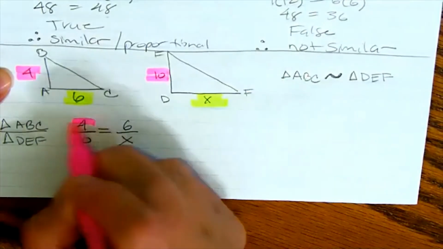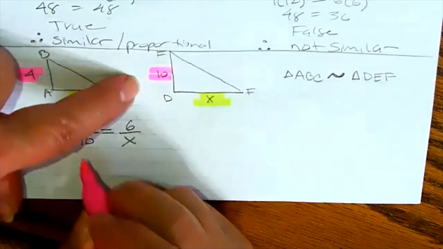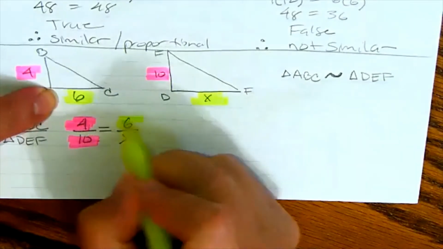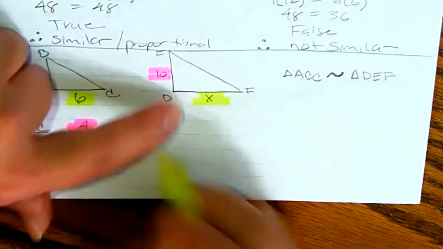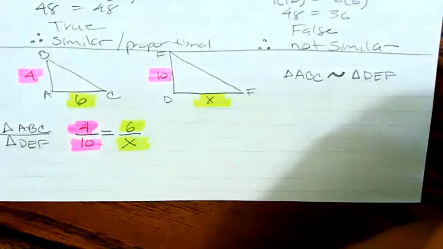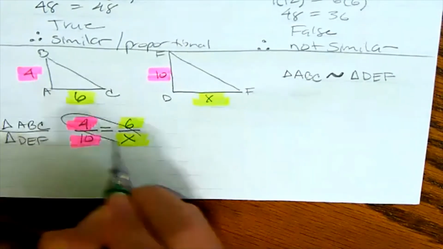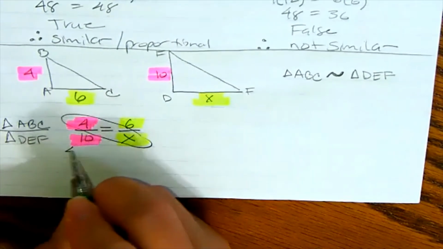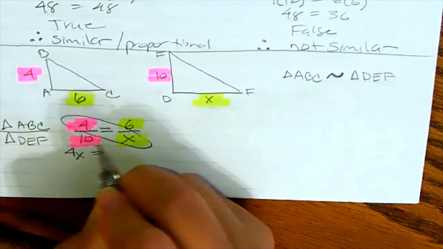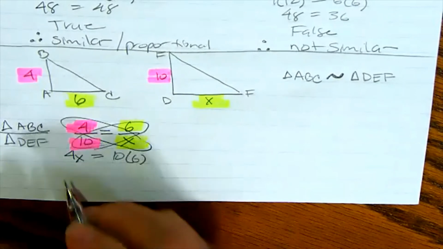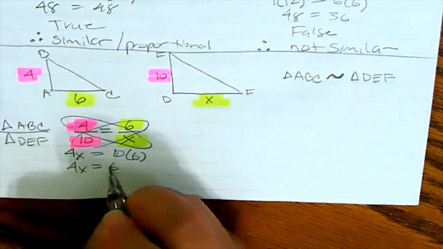So 4 is a corresponding side to 10, and 6 corresponds with our unknown. So let's cross multiply. 4x equals 10 times 6, 4x equals 60.